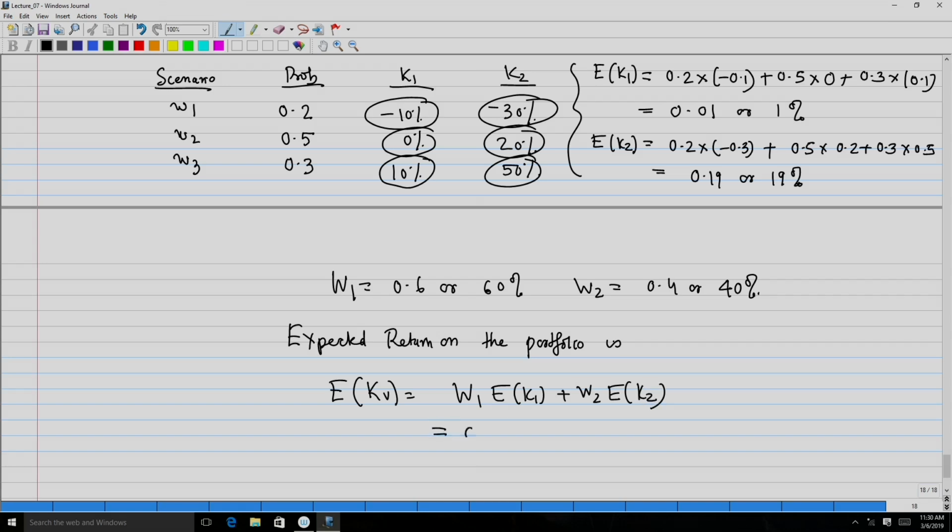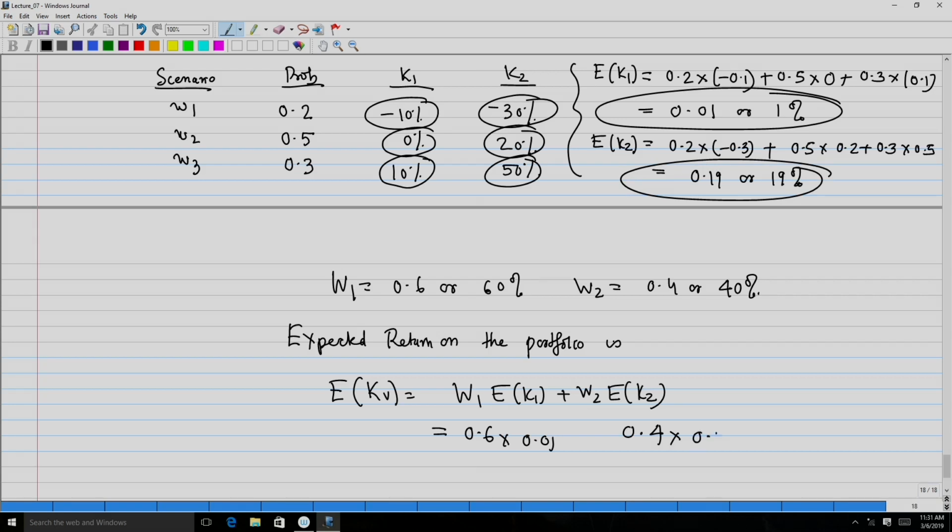So W1 is 0.6, W2 is 0.4, E of K1 is 0.01 from here and E of K2 is 0.19 from here. I add them up and I end up getting 0.082 or 8.2%.